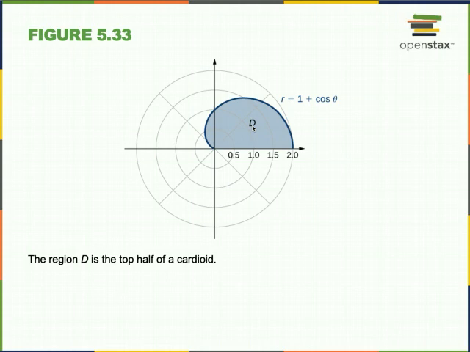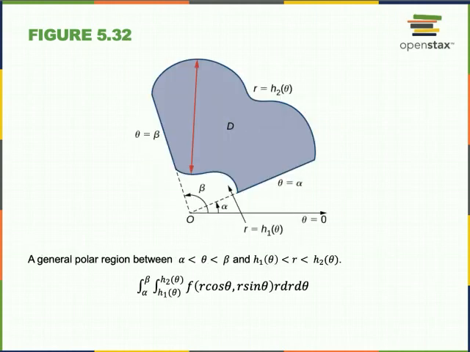Okay. Now, what are our more general situations here? They're calling it D this time here. For an easy situation, this is kind of like a type 1 integral for polar coordinates, where the boundaries are what? Two rays, theta equals alpha, theta equals beta, and then r is bounded between two functions of theta.